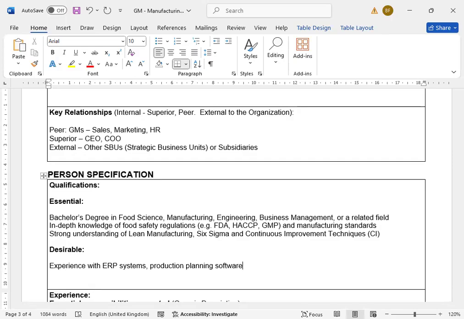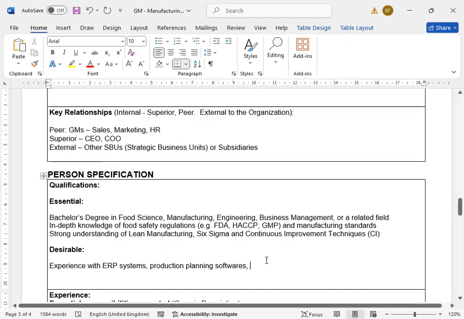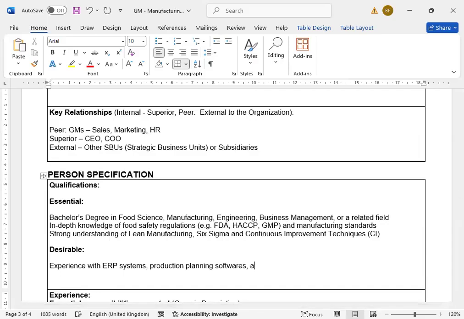Software, or softwares. Why is it not accepted? Softwares. Add to dictionary. Okay, and performance analytics.